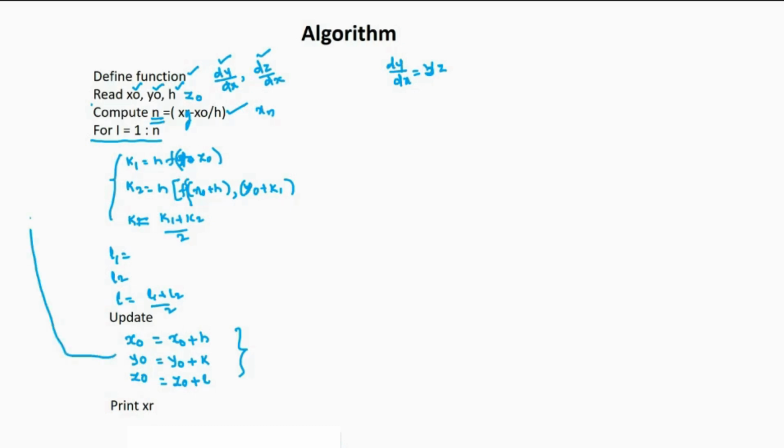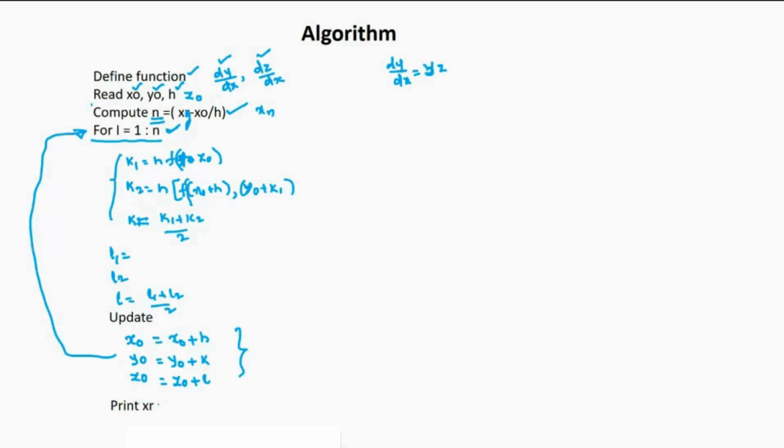And after this, again we start the second iteration, in which we again compute. We do this several times until we satisfy the number of iterations criteria.